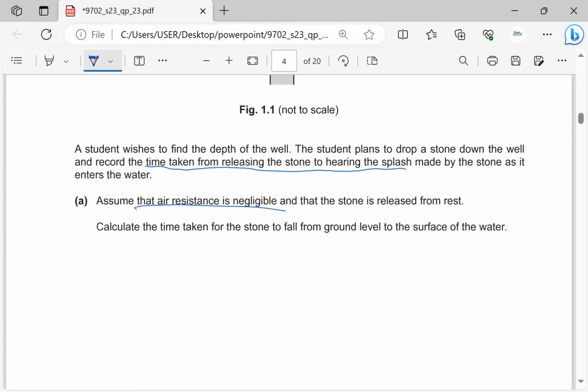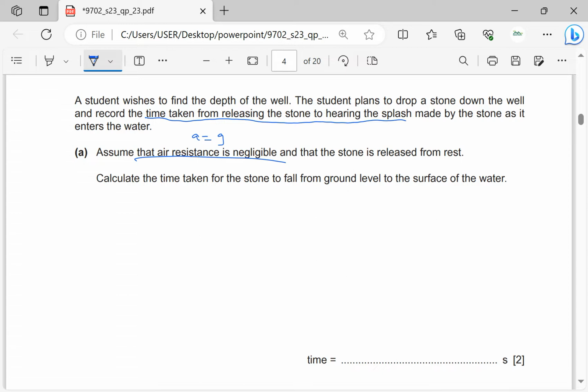So assume that air resistance is negligible. So if air resistance is negligible, acceleration is going to be g. We can use the equations of motion. Calculate the time taken for the stone to fall from ground level to the surface of the water. So using s equals ut plus a half at squared. It is released from rest, initial velocity is going to be 0.